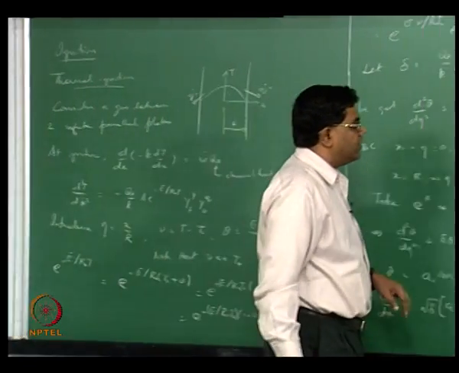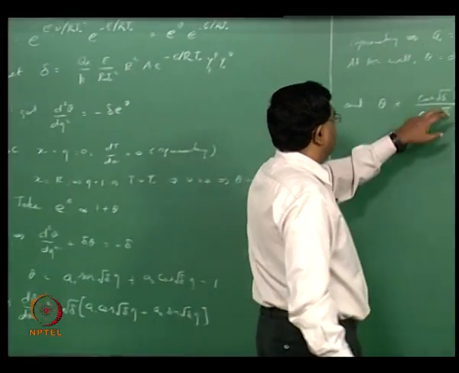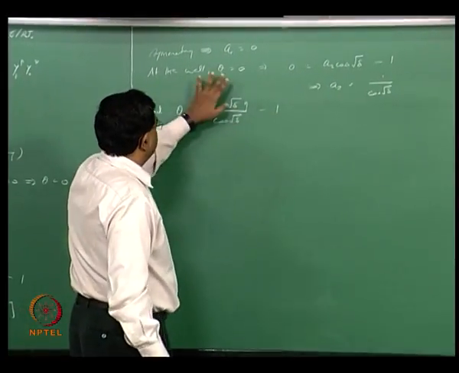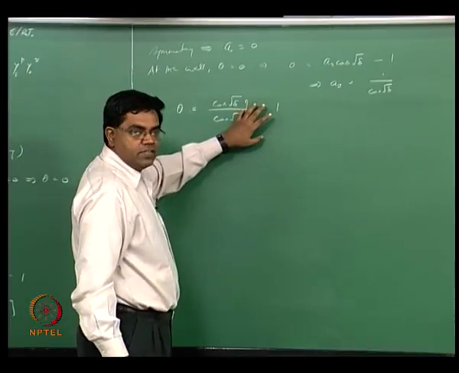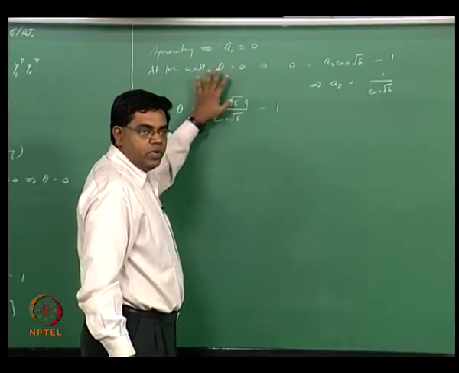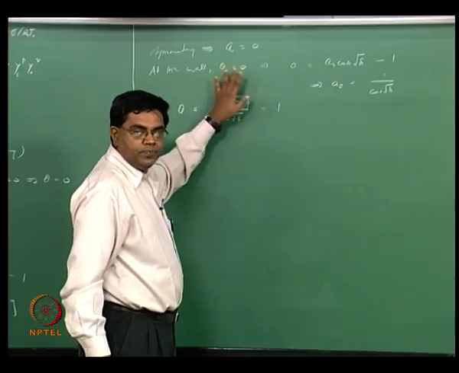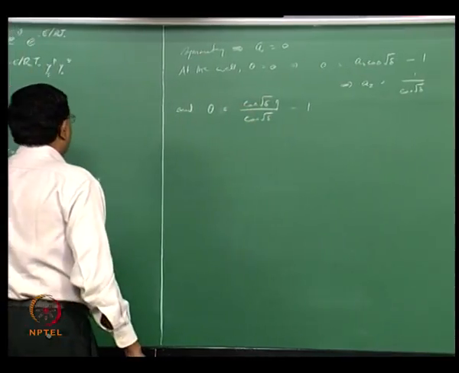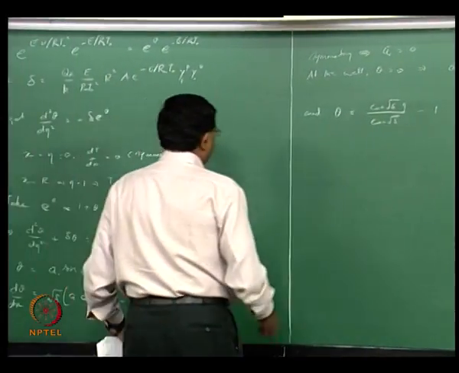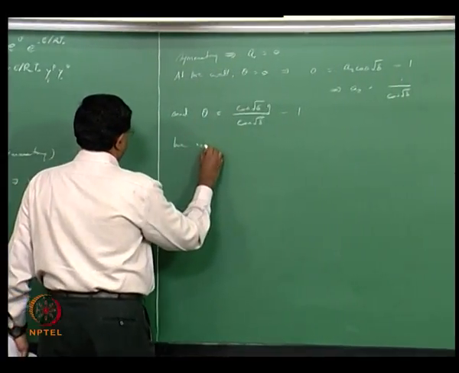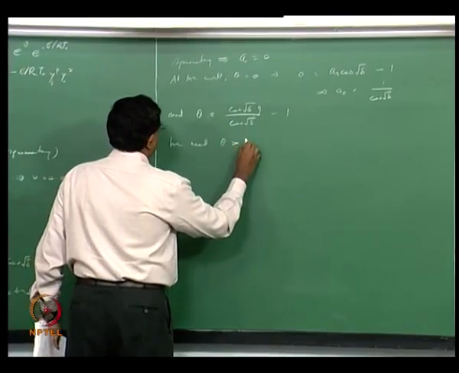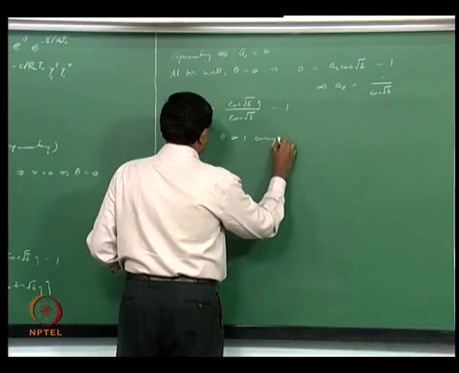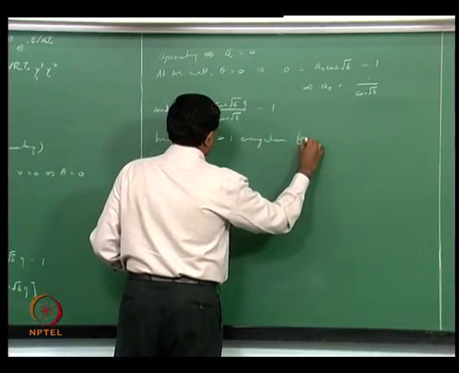So one of the things we have to look for is, of course eta is a variable, so that's varying, and for the range of etas that we are looking at between 0 and 1 this should be greater than 0, right. But more than that, we need theta greater than 0 everywhere for ignition.